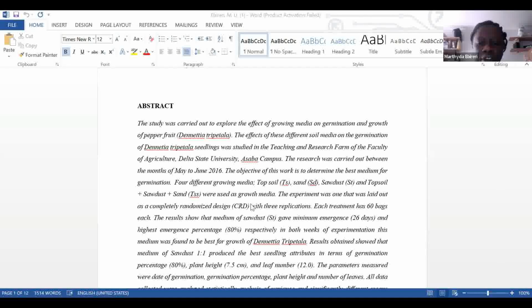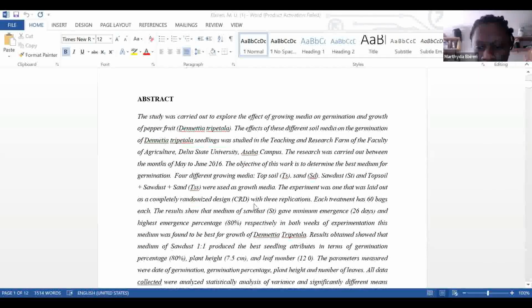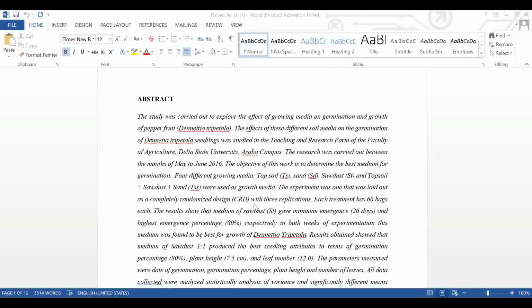So for this study, 4 different growth media were used, and the experiment was laid out in a completely randomized design with 3 replicates. Each treatment, which are the seeds of the pepper fruit, has 60 bags each.